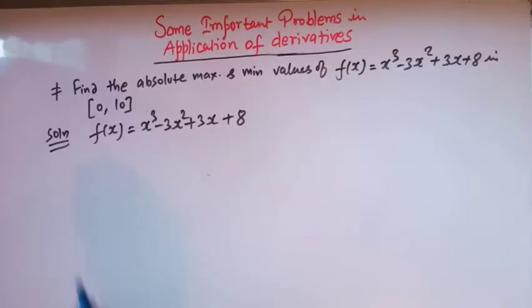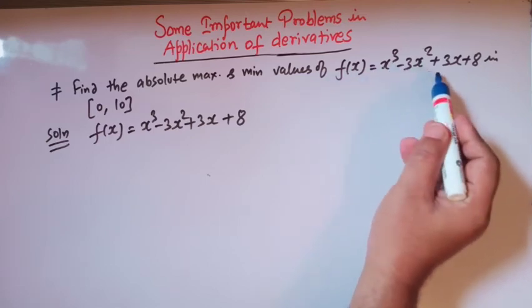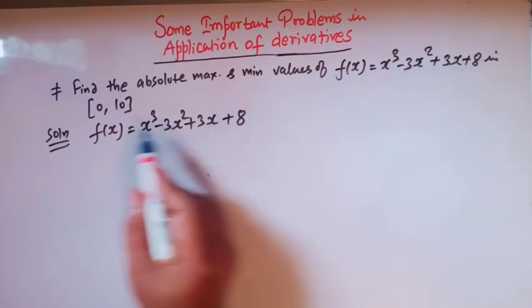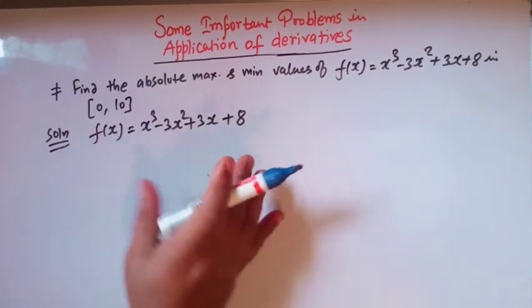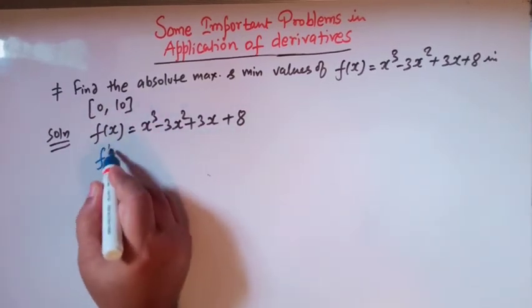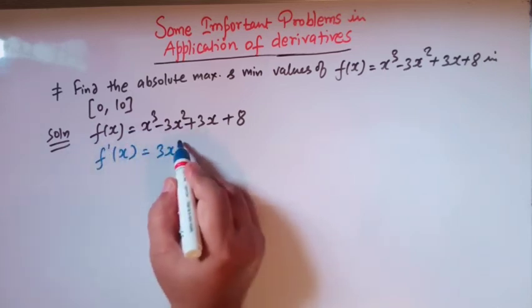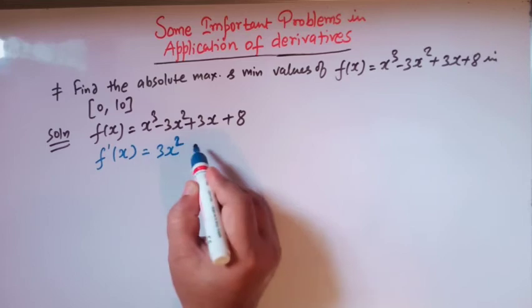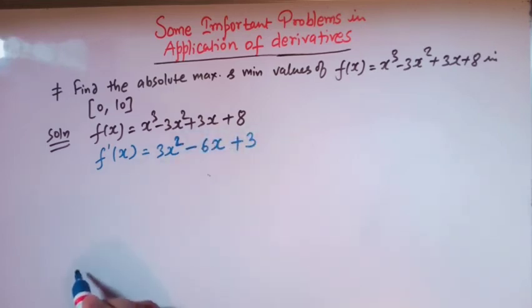Now viewers, let us take this problem. Find the absolute maximum and minimum values of this function f of x, x cube minus 3x square plus 3x plus 8 in the interval 0 to 10. Now we have this function, so again we'll find the derivative. So the derivative of f(x) is 3x square minus 6x plus 3, right?